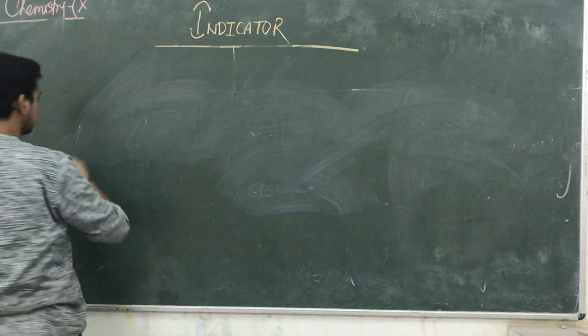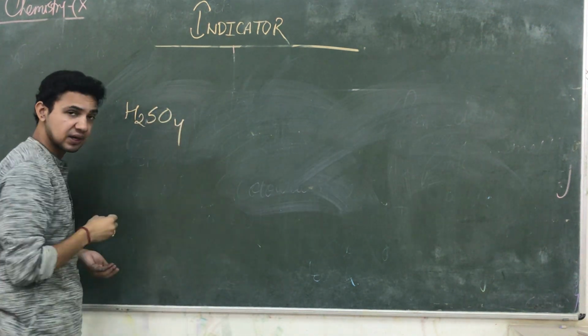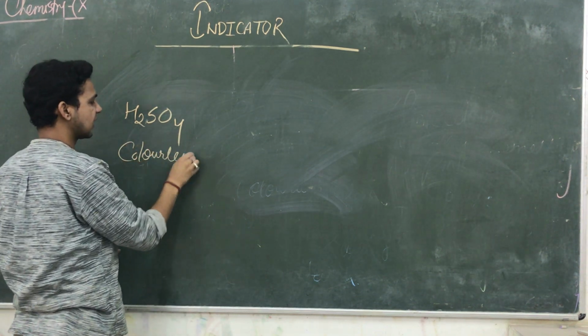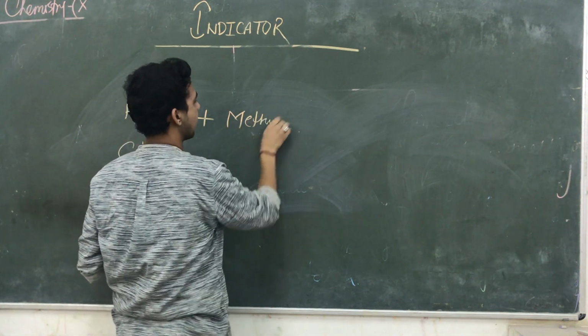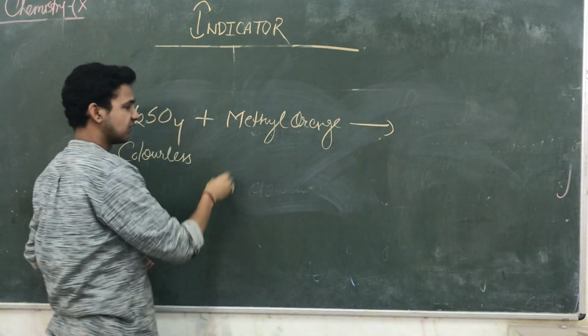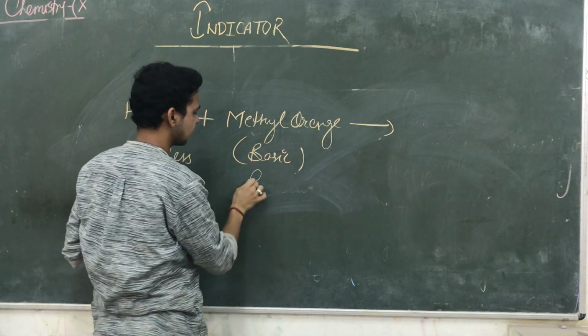Okay, the next. In case of acid, suppose you are taking H2SO4, it is colorless. H2SO4 का कोई color ही नहीं होता. It is a colorless acid and highly reactive. But here we are adding methyl orange. What is the nature of methyl orange? Basic. What is the color of methyl orange?